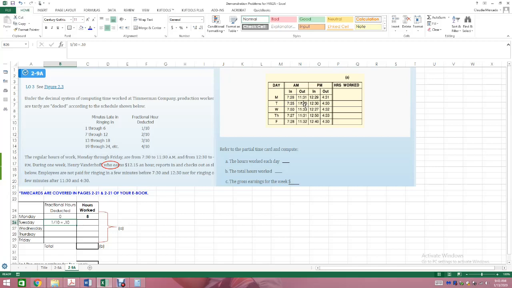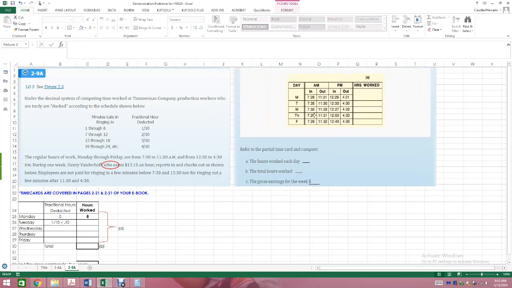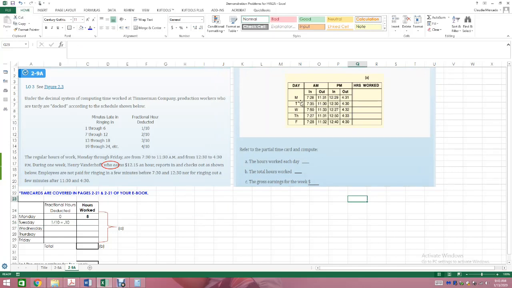Then he clocked out at 11:30, which is perfect. That's the time he was supposed to clock out. He clocked back in at 12:30, which is perfect. That's the time that he was supposed to clock back in from lunch. And then he clocked out at 4:30, which is when he should be going home. So, the only issue here on Tuesday is that he arrived 5 minutes late. Because he arrived 5 minutes late, he gets docked 0.10.